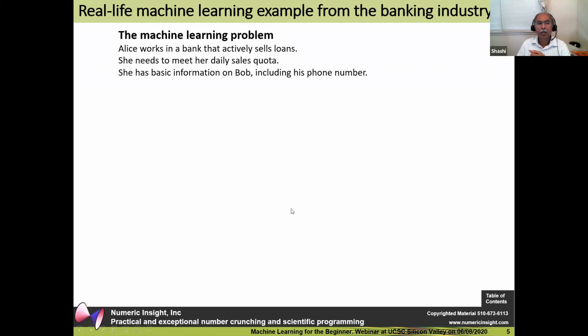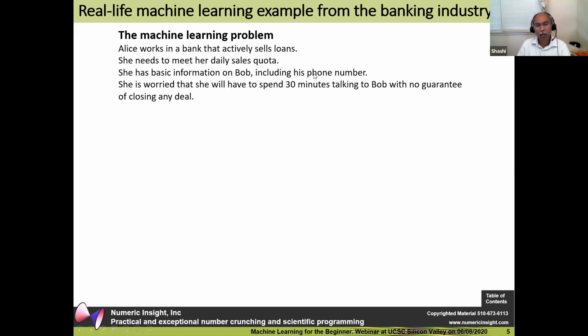Before she actually presses some buttons to start talking to Bob, she is worried that she will have to spend 30 minutes talking to Bob with no guarantee of closing any deal. So should she call Bob or move on to the next potential customer? So this is the machine learning problem.